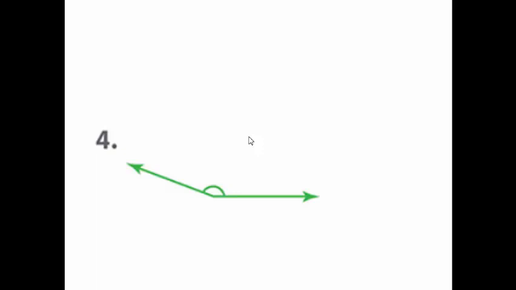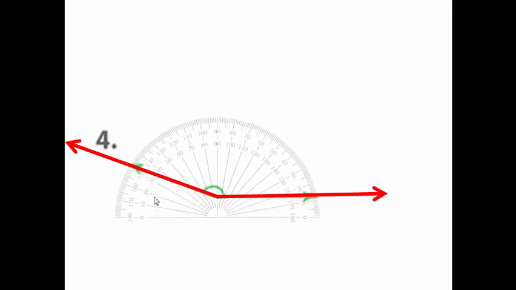I have another angle. We have one ray and another ray, and together in this intersection we can call it an angle. I have those two rays, and let's start to measure using our protractor.